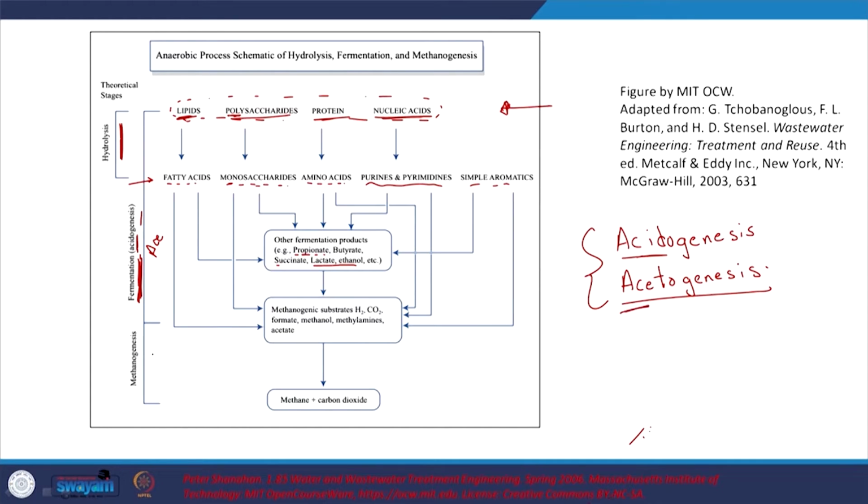And after that you are going to have methanogenesis, right, as in methane is going to be formed in this step from methanogenic substances, right, and hydrogen is essential, we will see why, and carbon dioxide too is going to be formed in one of the products, but we will look at it. So, 4 major stages: one is hydrolysis, then acidogenesis and acetogenesis, both of which are under fermentation, and then methanogenesis, which is leading to the formation of methane.